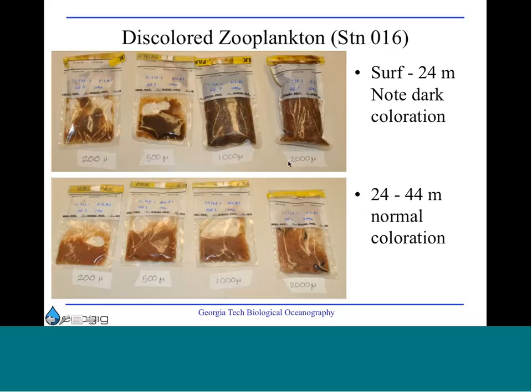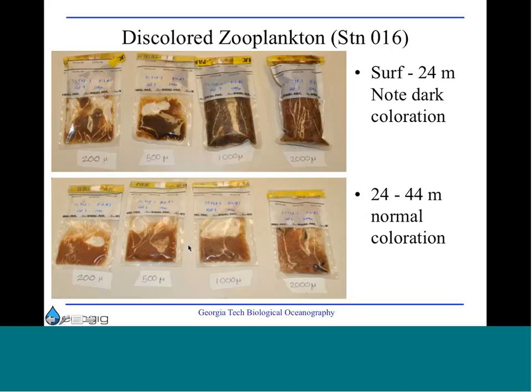These are different size fractions of animals, from animals between 200 and 500 microns up to animals bigger than 2,000 microns in size. And look at the color, particularly of the 500 and 1,000 micron size fractions in that uppermost net. We've never seen that kind of coloration of zooplankton in the Gulf of Mexico except during this cruise.